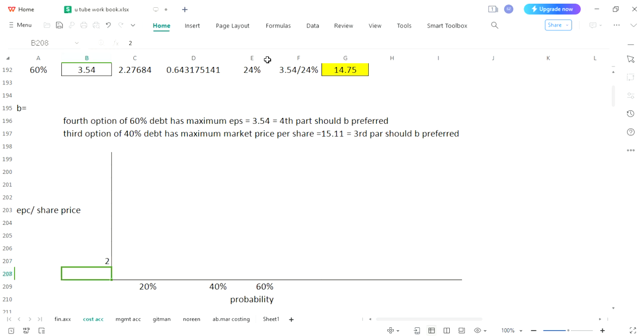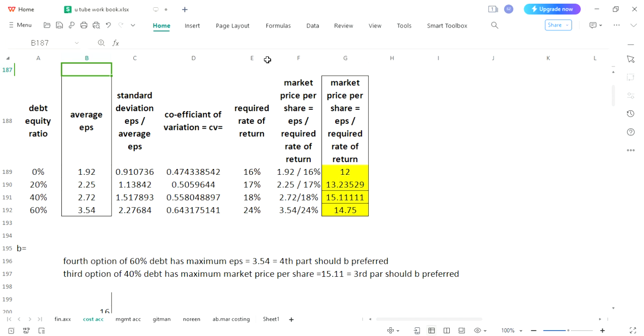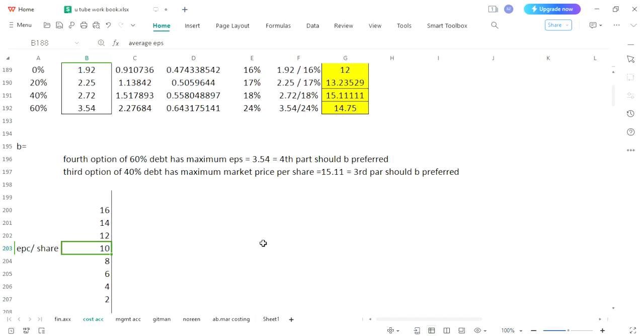You are not good. 2 4 6, 2 4 6, 8, 10, 12, 14, 16. How much maximum was needed? 15. Okay, we have completed our y-axis.